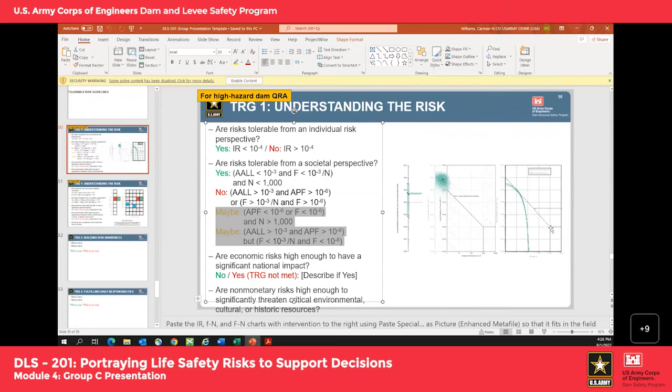So in that case, we need to look at the dam itself, the operability of the dam, and the standard of care that's taken at the dam, to determine if the dam operators, the Corps, are treating the risks with a high enough standard of care to meet that tolerability threshold.